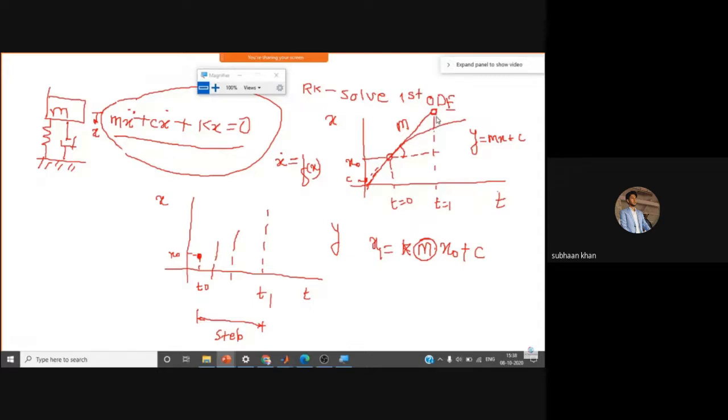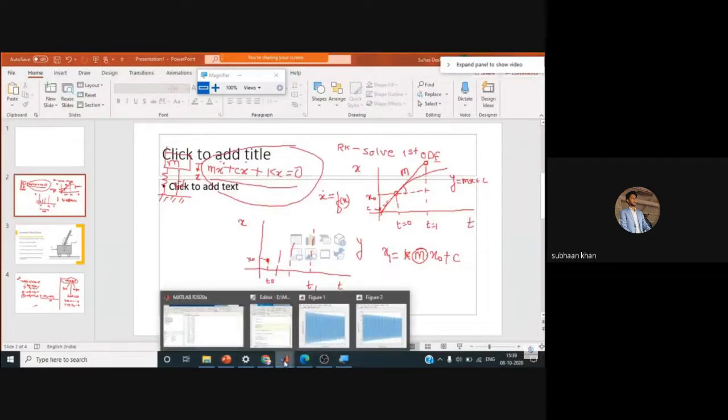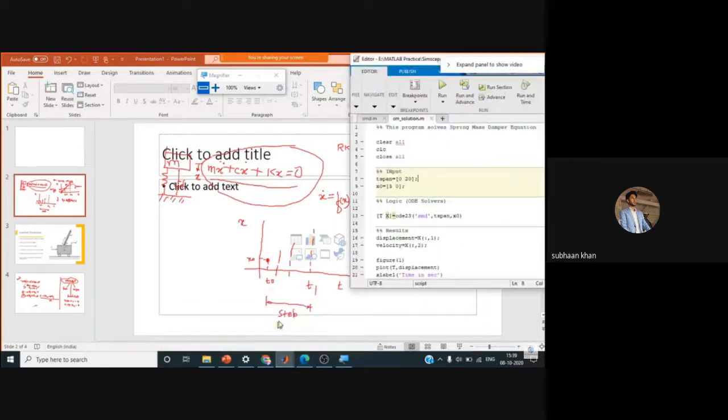That will be carried forward when it goes to the next step, and likewise, with each step the error increases. That is what is called truncation error. I will give you that particular information at a later stage. This is because of a lower-order approximation. What we are doing is only using a second order ODE solver.